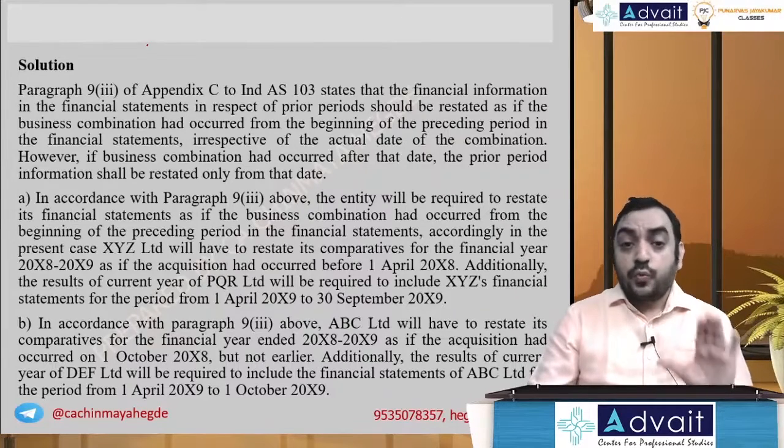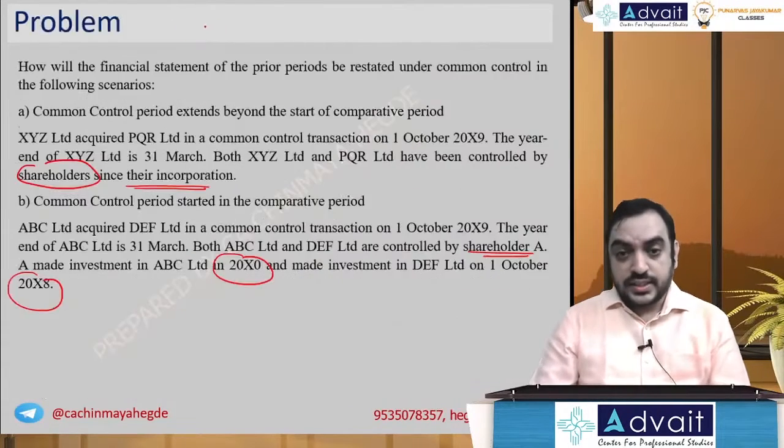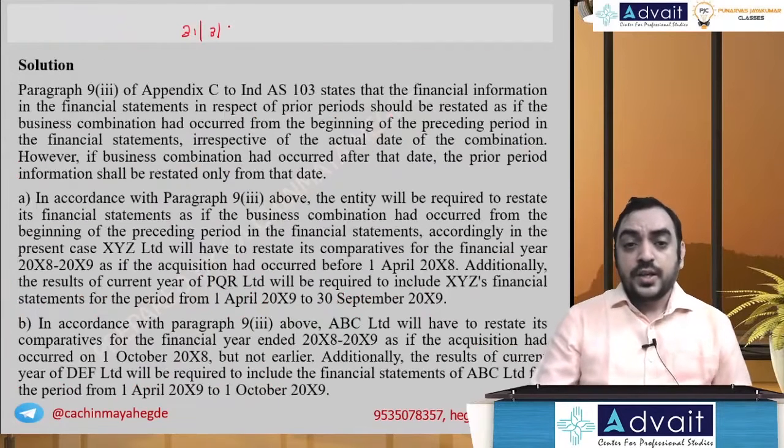Which means when you are preparing the financial statements on 31st of March, in this example you acquired in 2009, so you prepare on 2010, then you give a comparative of 31/3/2009, right?